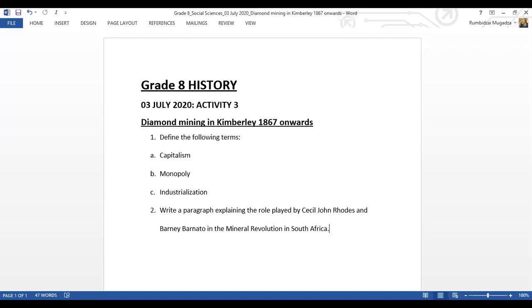And then number 2, write a paragraph explaining the role played by Cecil John Rhodes and Barney Barnato in the mineral revolution in South Africa. So you're going to answer those 2 questions for homework.